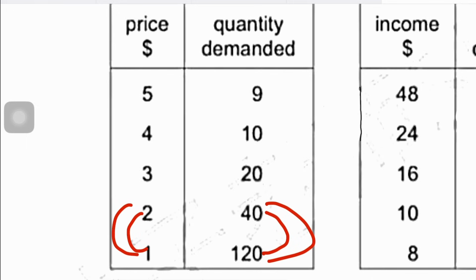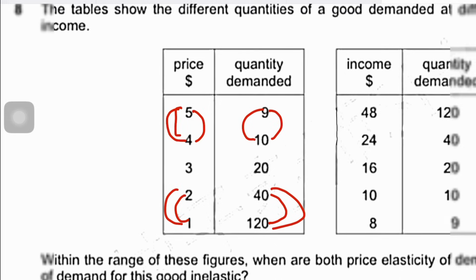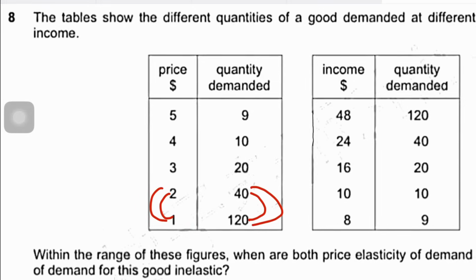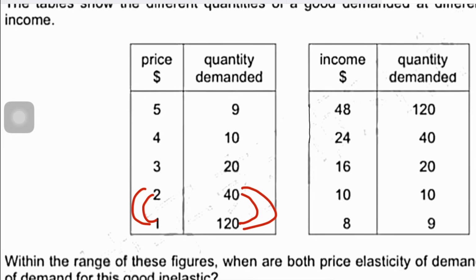But if you look at when prices are high, let's say, if it goes up from 4 to 5 or from 5 to 4, we see a very small change in quantity demanded from 9 to 10 or 10 to 9, right? So we see that the PED is inelastic when your prices are high, right?